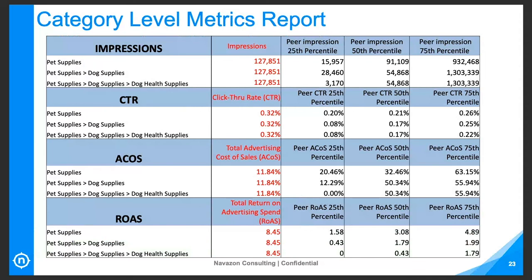You'll notice, if you look in the impressions for the dog supply 75th percentile, there's 1,300,000 impressions. Well, one call out for these very high impression categories is, keep in mind, your broad match keywords. So say you're in a category of foam mattress pads. Okay, so if you have the broad term foam, how many impressions do you think you'll get? Because there's foam toys, there's foam car pads, there's foam seat covers.